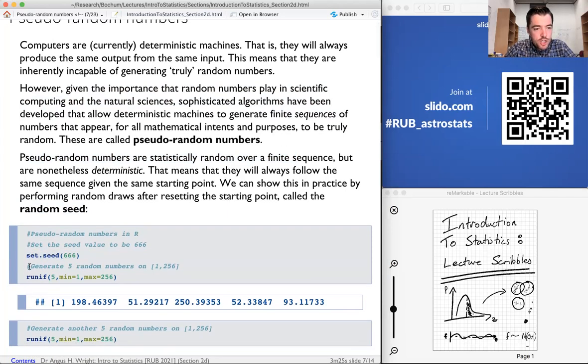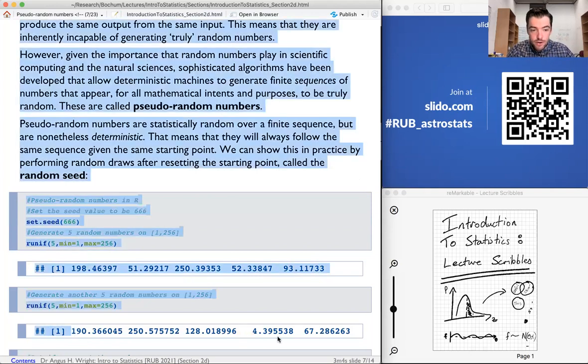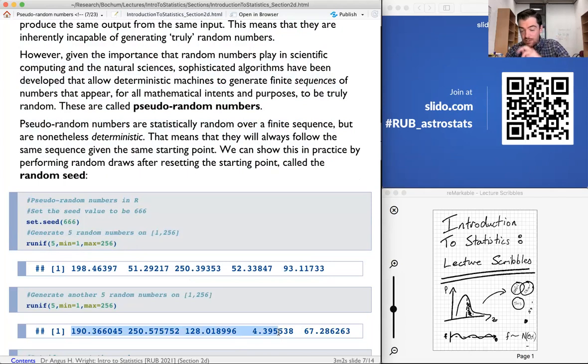I can then generate 5 random numbers on the interval 1 to 256. Okay, and I do that and I get these 5 numbers here, 190, 98, 51, 250, 52, 93, right? I then generate another 5 random numbers and I get 5 different numbers, 190, 250, 128, 4, and 67.